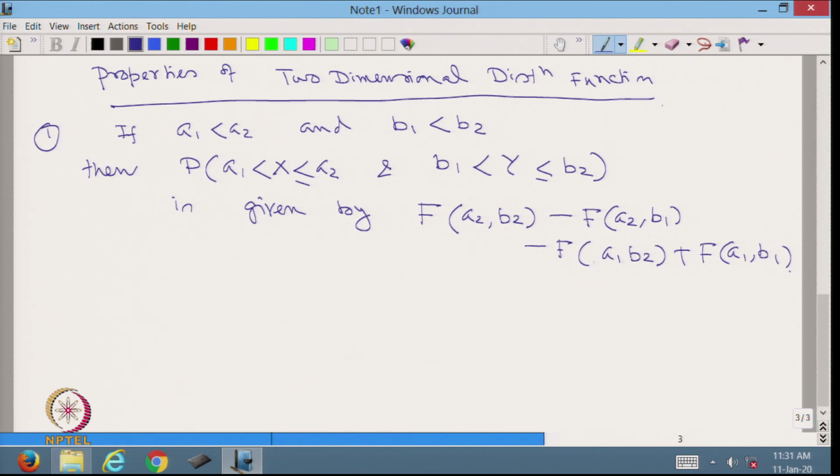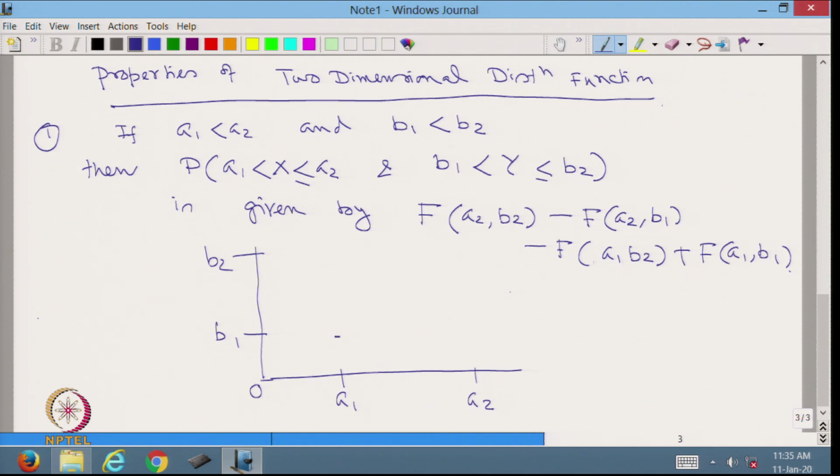I am not going to prove it, but I am trying to give an explanation why it happens. So, consider this R2 plane and suppose these are the points A1, A2 on the x axis and these are the points B1 and B2 on the y axis.